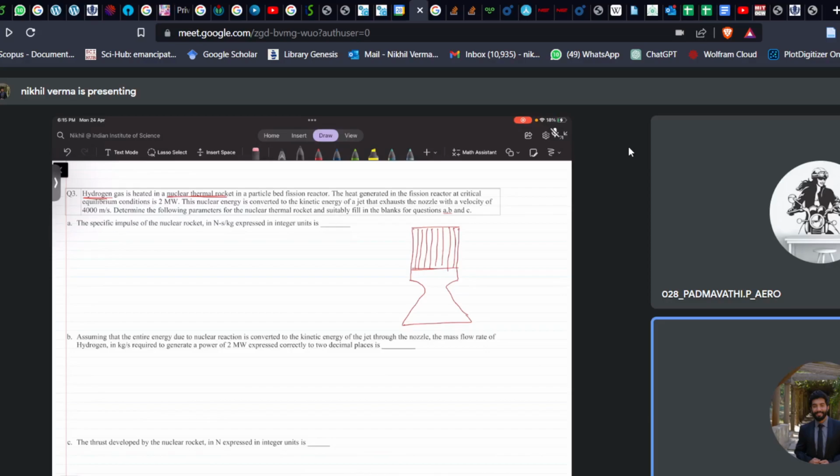Due to the fission process, the rods will heat up, and when the hydrogen passes through this, the hydrogen also gets heated up due to conduction and convection, which increases the pressure. We can use this heated hydrogen to expand through the nozzle and generate thrust.